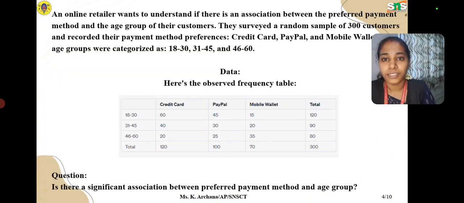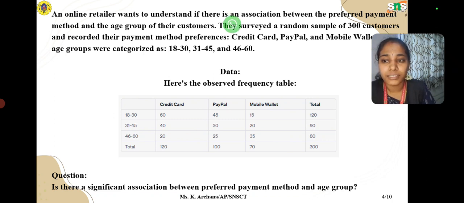There is a small case study on an online retailer who wants to understand whether there is an association between the preferred payment method and the different age groups of customers. The survey had a random sample. The online retailer took nearly 300 customers as a sample and recorded their payment preferences: credit card, PayPal, mobile wallet, with age groups categorized as 18 to 30, 31 to 45, and 46 to 60.